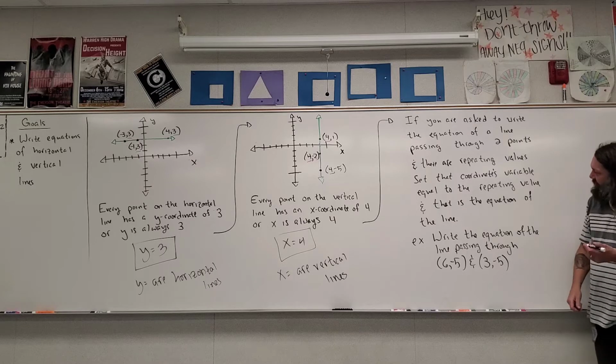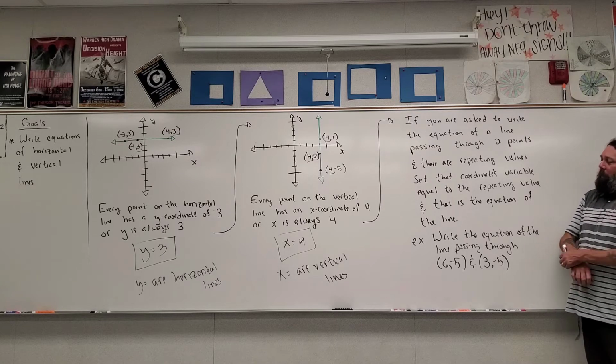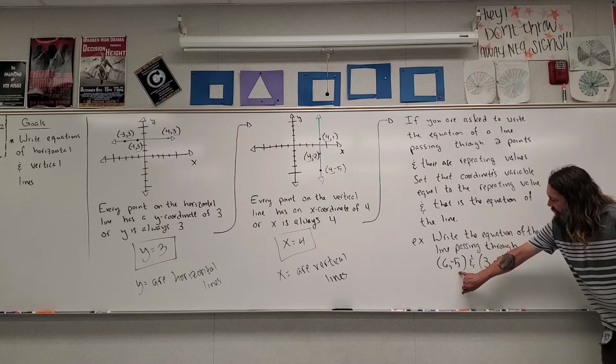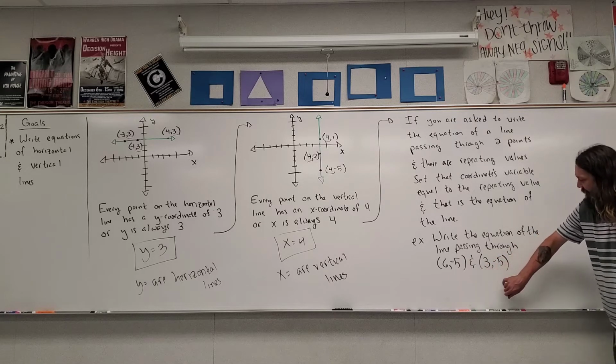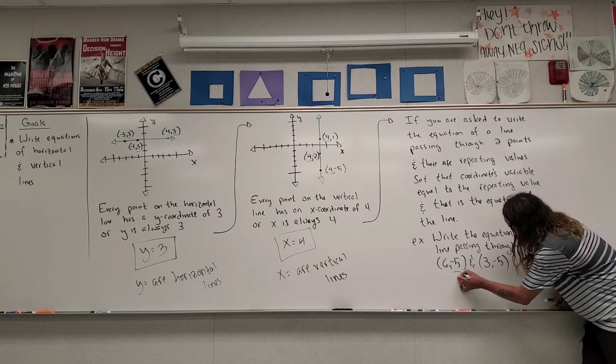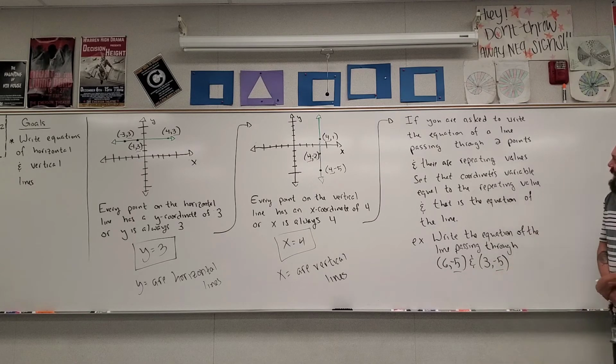So here's a real simple example of what I'm talking about. Write the equation of the line passing through (6, -5) and (3, -5). Now notice there are repeating values. I have -5s that are repeating, and those -5s are y values.